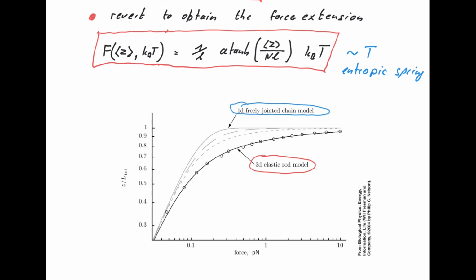Hence, what is needed is an extension of our model that would then finally describe the data, which are the open circles in this graph. Now, this is something that we will discuss in the second part of this lecture.